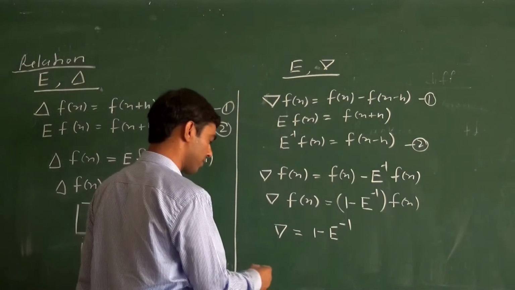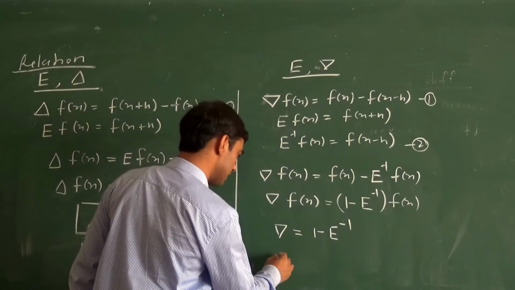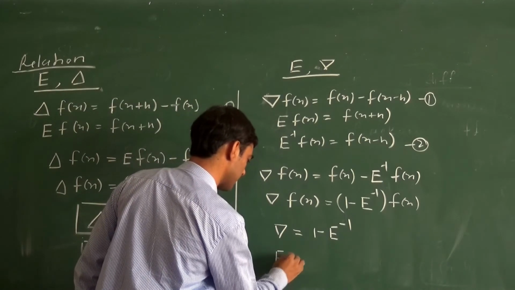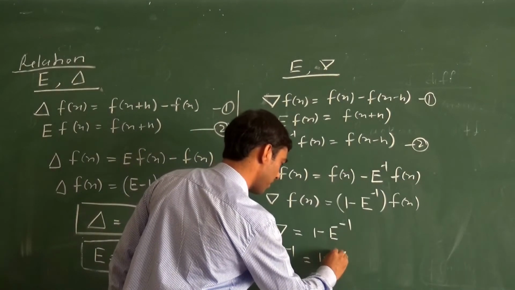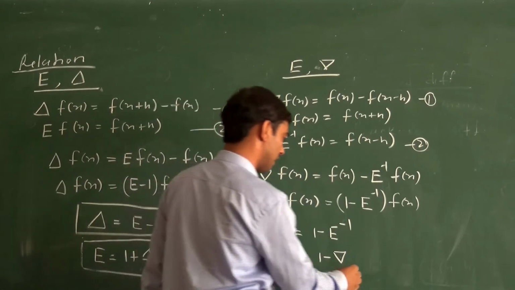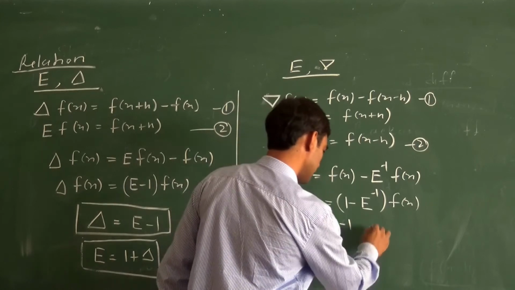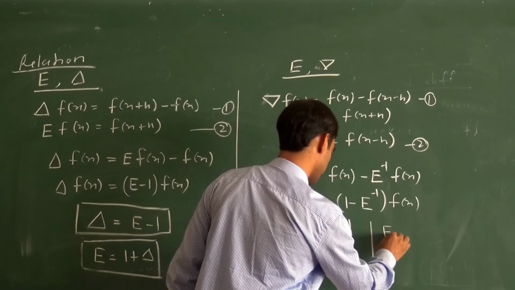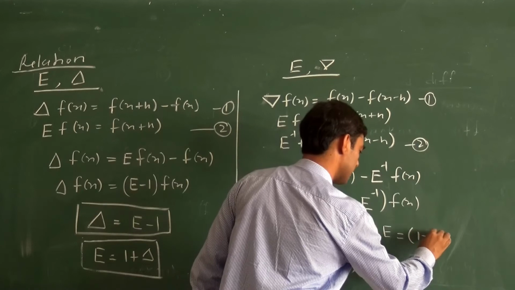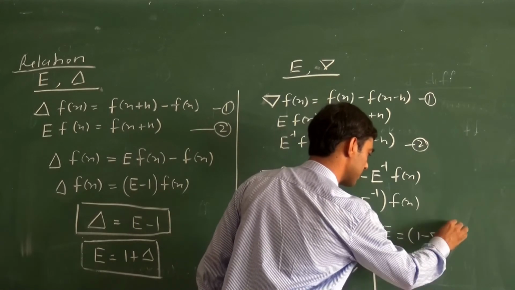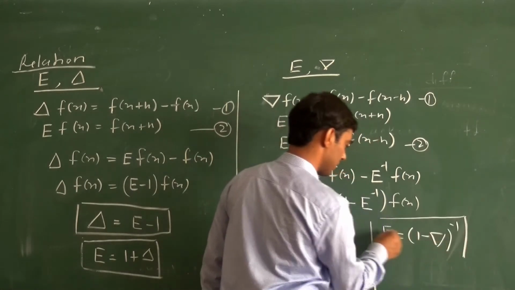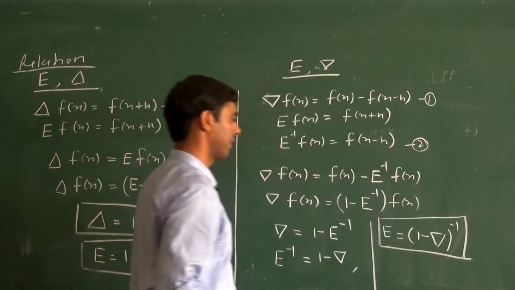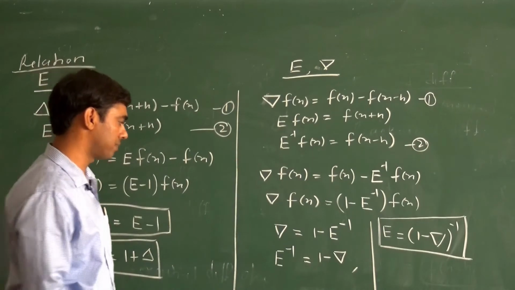If we simplify this, E⁻¹ = 1 − ∇, and E = (1 − ∇)⁻¹, the inverse of 1 − ∇. This one is a relation between the backward difference operator and the shift operator.